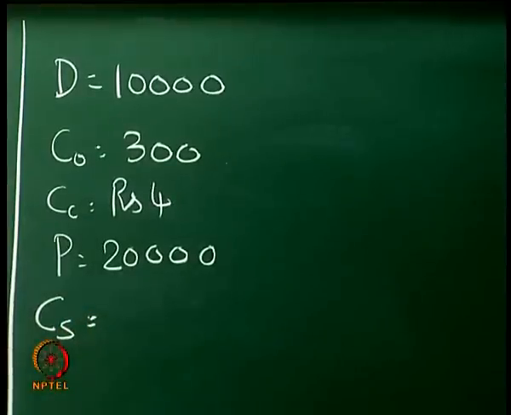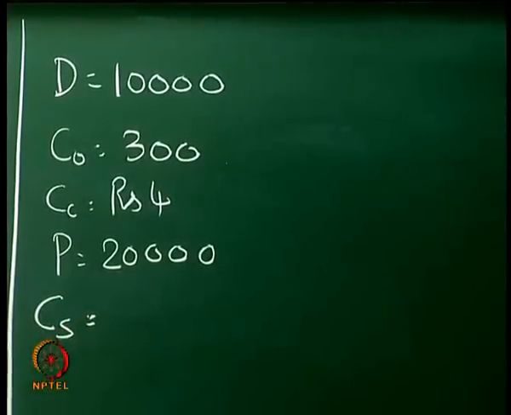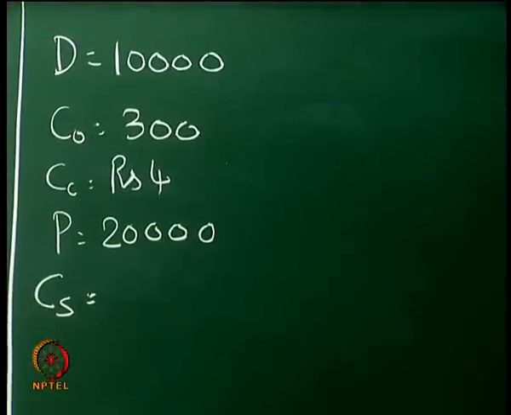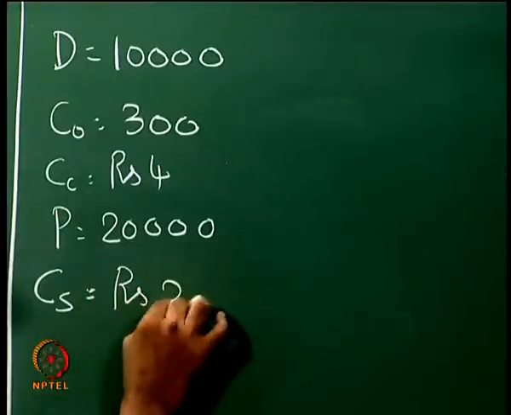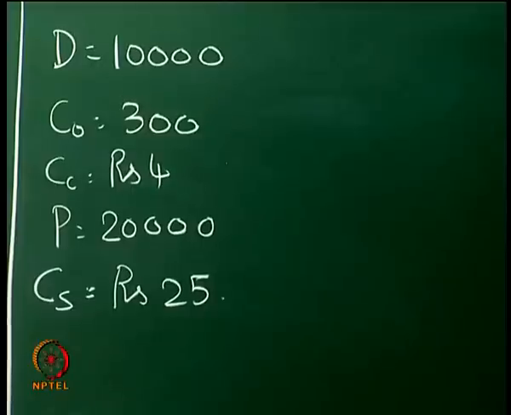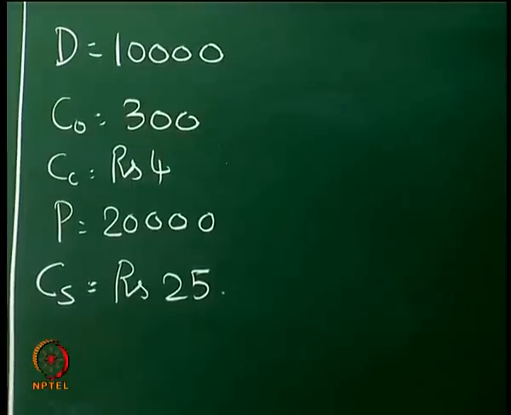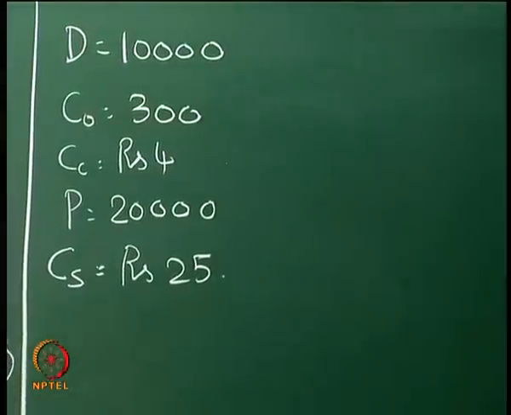Now, in addition we consider CS, which is the shortage cost in this case. So, CS is equal to rupees 25.